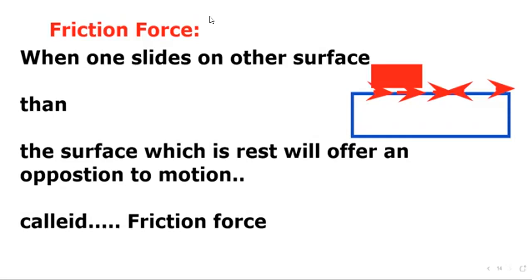Similarly, when we are driving a car, the road is a stationary surface and the car is a sliding surface. So the road will offer a resistive force opposite to the direction of motion. That is called friction force.